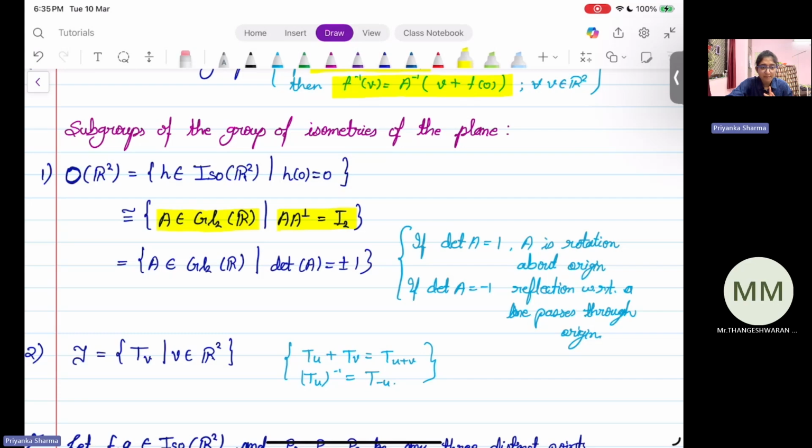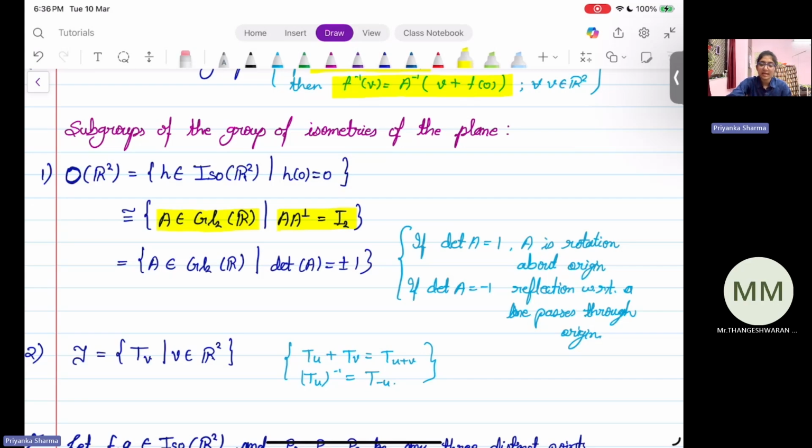Whenever we have an isometry, we can have a matrix A as we discussed. That matrix must come from GL2(R), the general linear group over R, the group of all 2 by 2 matrices over R whose determinants are non-zero. But here we take the condition A A transpose is I2, so the determinant of A can be either 1 or -1.